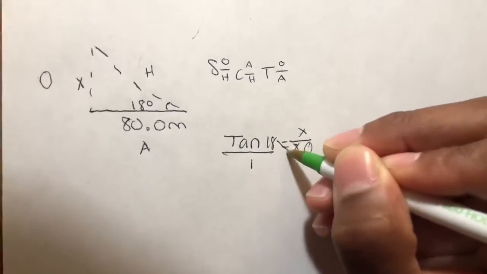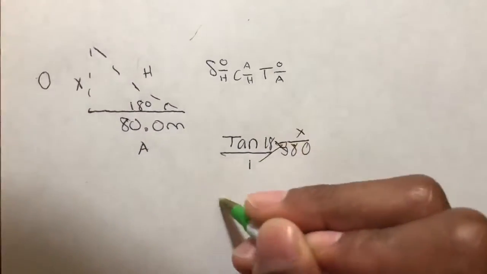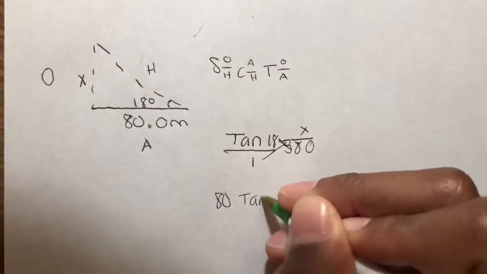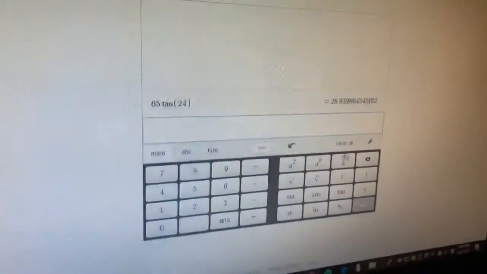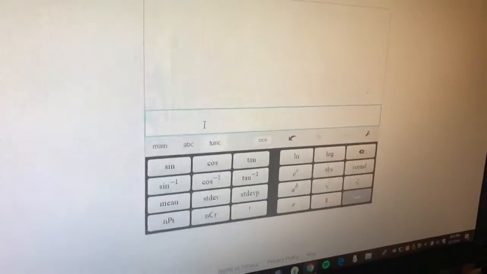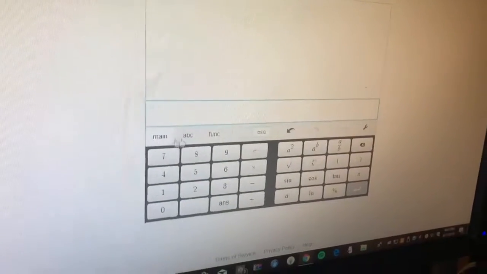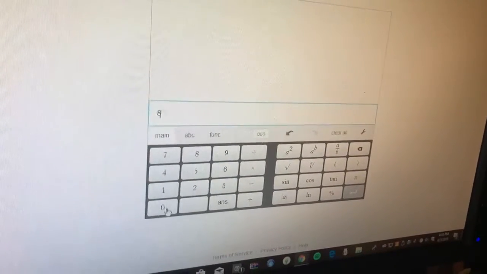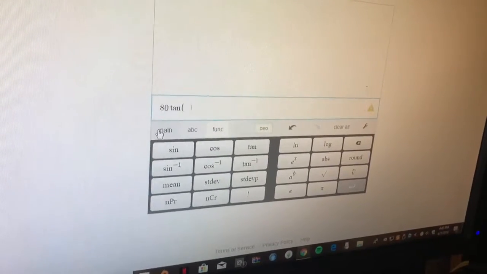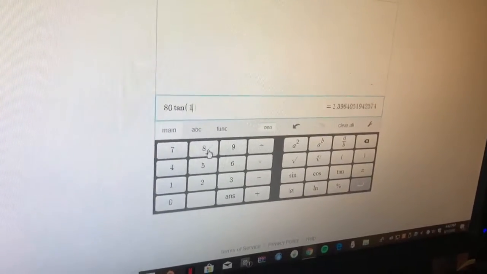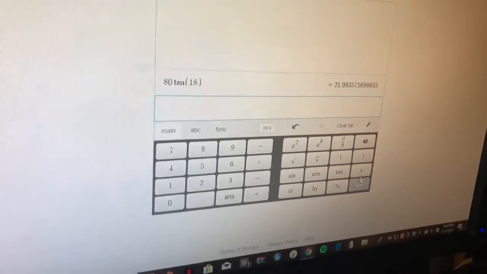Now you want to cross multiply to make this 80 tan of 18 equals x. Then you want to plug that into the calculator, which is 80, function, tan of 18, equals 25, 26 rounded.